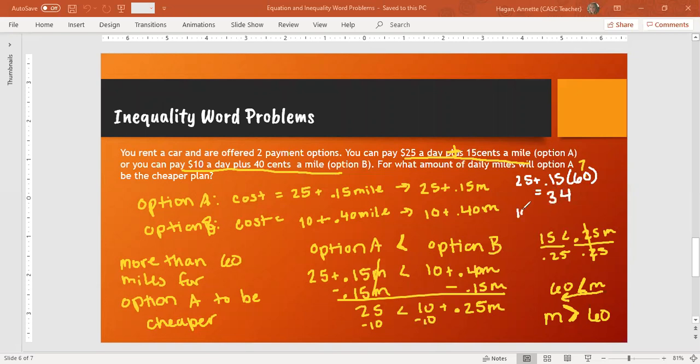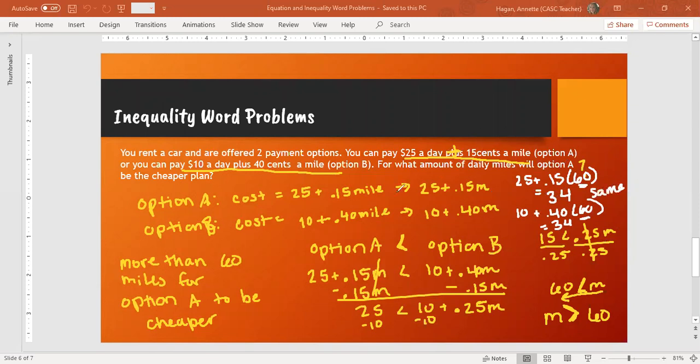And then over here, if I do 10 plus 0.40 times 60, that's also going to give me $34. So if we do 60 miles exactly, they cost the same.